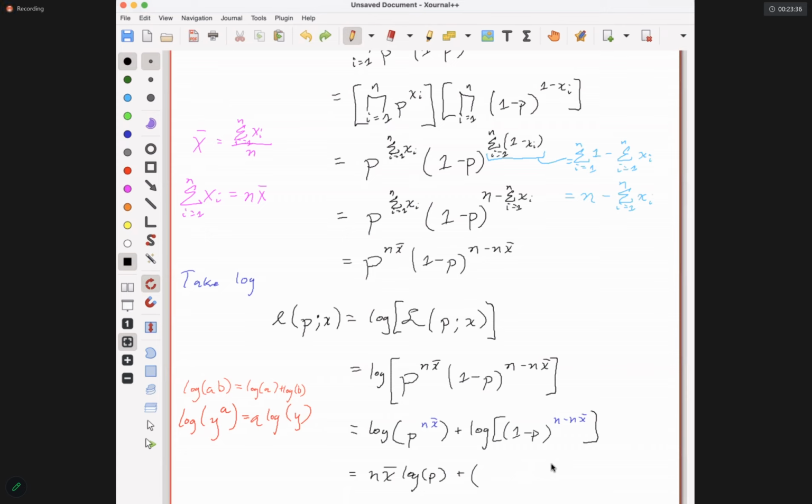And I'm actually going to factor the n out as well, just so these are more similar. N times 1 minus x bar log 1 minus p. Do you have any questions about that?